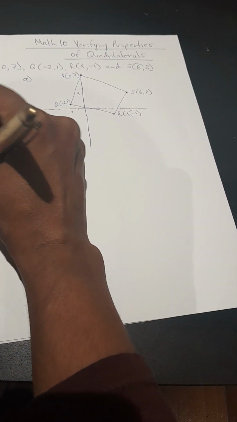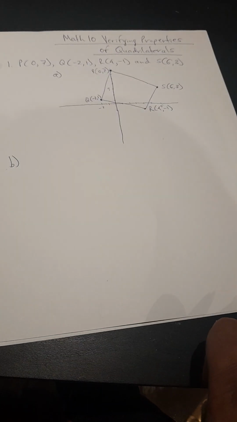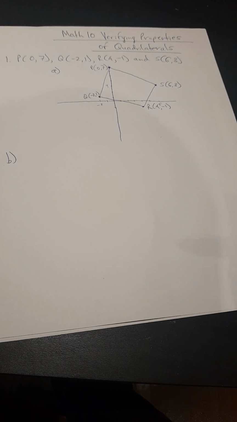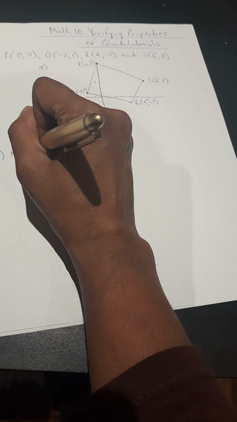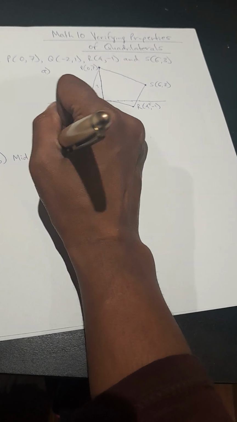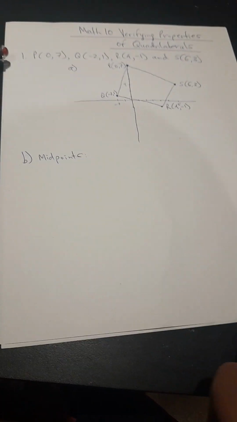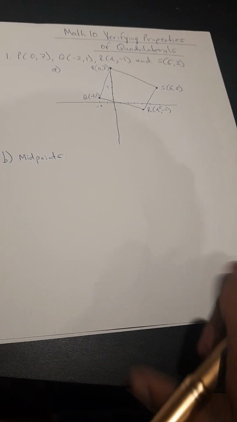But part B is we're going to find the midpoints. So let's put midpoints. Remember when you are writing out the midpoints, I want to do capital M. Let's do the midpoint of PS.